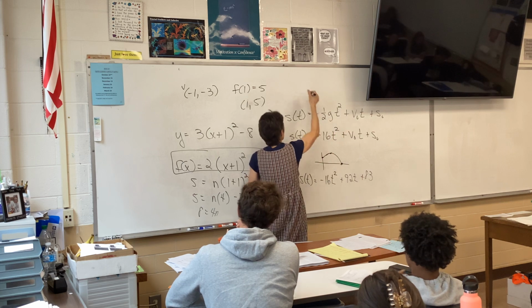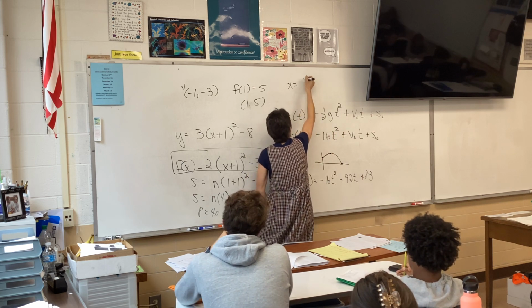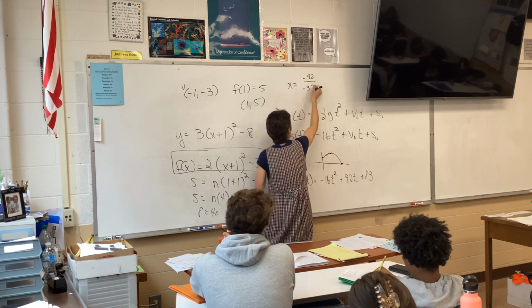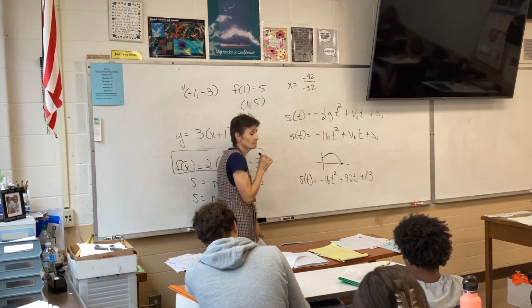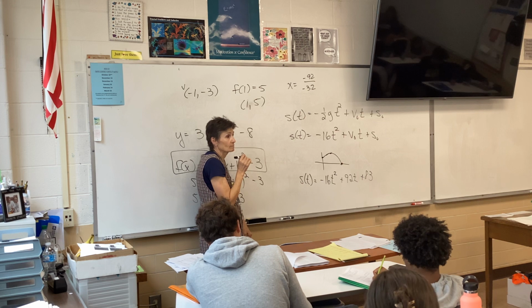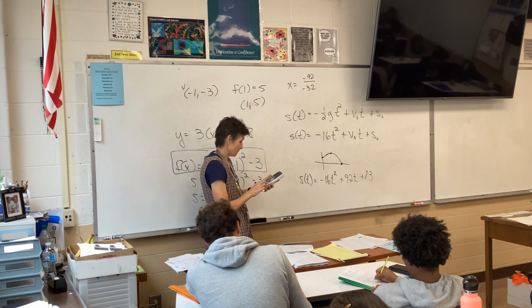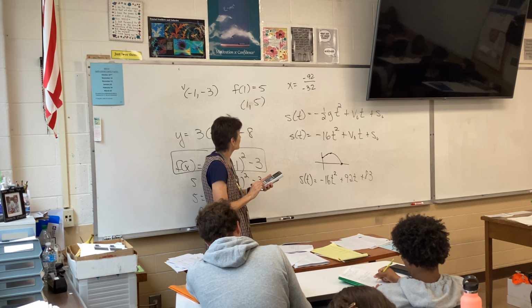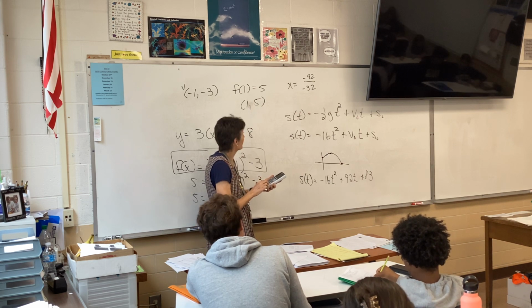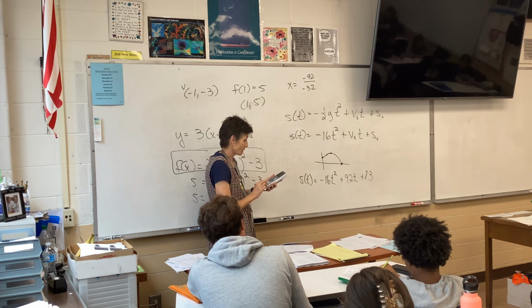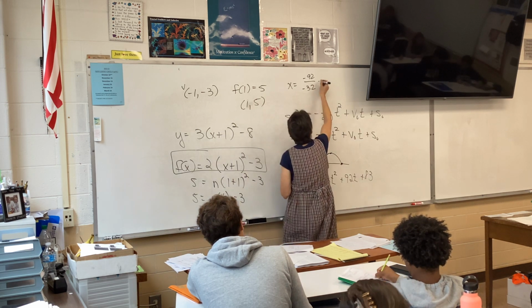So for the axis of symmetry, x equals negative b over 2a. That probably isn't anything nice. Oh, it's not bad. 2.875.